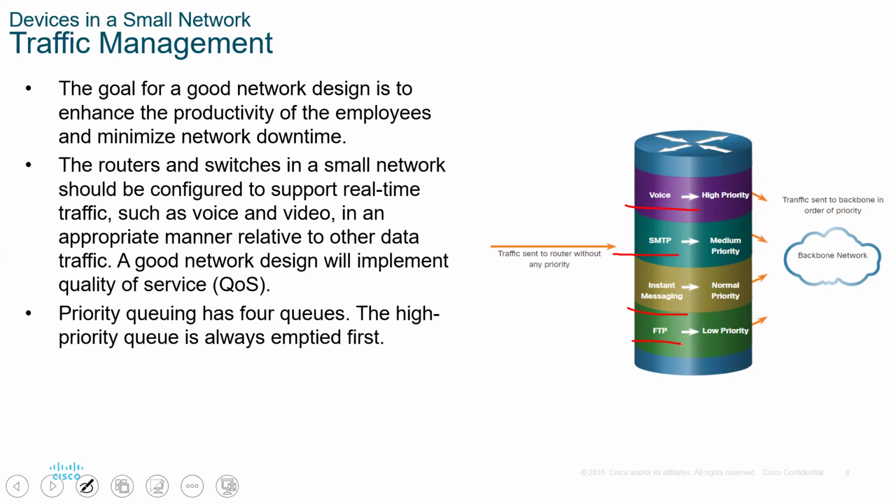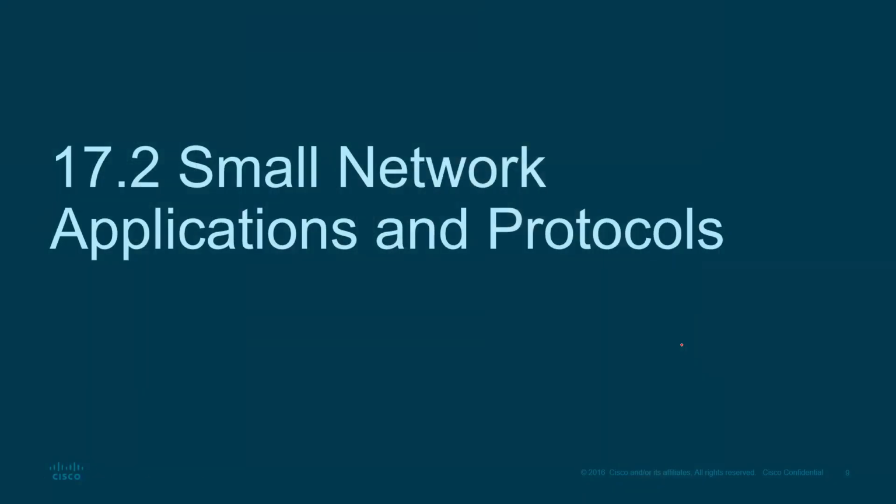The routers and switches in a small network should be configured to support real-time traffic such as voice, video, and data in an appropriate manner relative to other traffic. A good network design will implement quality of service. Priority queuing has 4 queues. The high priority queue is always emptied first. All right, so that is it.